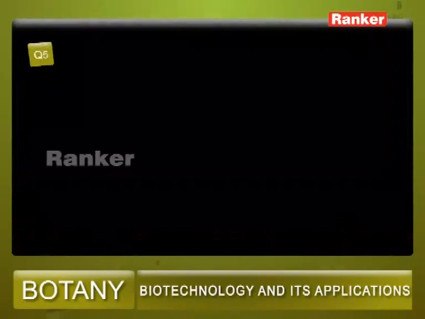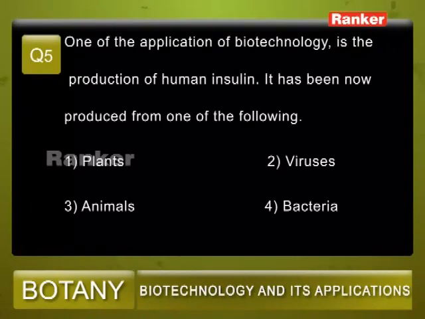Question number 5. One of the applications of biotechnology is the production of human insulin. It has been now produced from one of the following. Options: 1. Plants, 2. Viruses, 3. Animals, and 4. Bacteria.